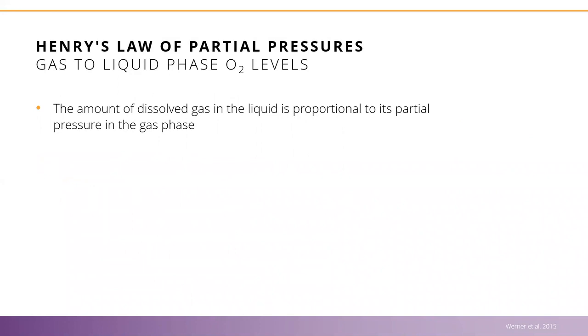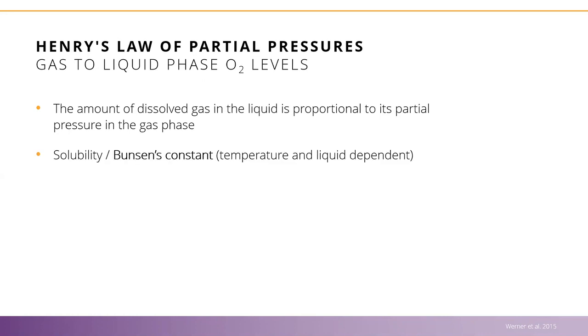So going from Dalton to Henry's law of partial pressures, getting from the gas to the liquid phase oxygen. Basically the law states that the amount of dissolved gas in the liquid is proportional to its partial pressure in the gas phase. Furthermore, you need to know the solubility, or the Bunsen constant, which is also temperature and liquid dependent.